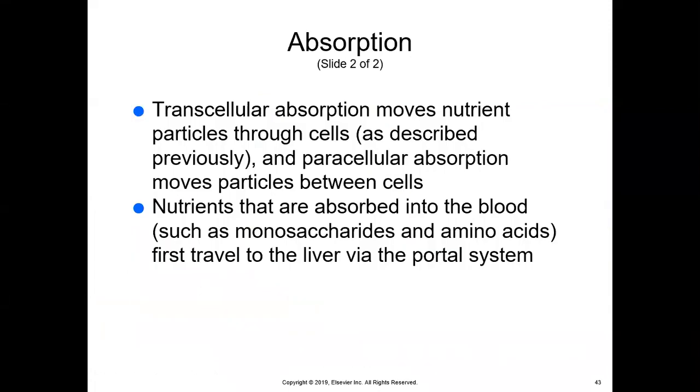So absorption, you have transcellular. Transcellular is across cells. Transcellular absorption moves nutrient particles through cells, and paracellular absorption moves particles between cells. So transcellular goes through a cell into the bloodstream. Paracellular is where it goes from cell to cell. Nutrients that are absorbed into the blood, such as monosaccharides and amino acids, monosaccharides being glucose, first travel to the liver via the portal system.